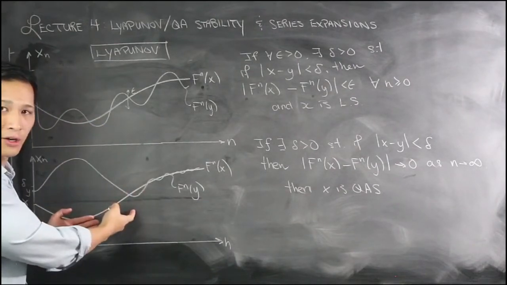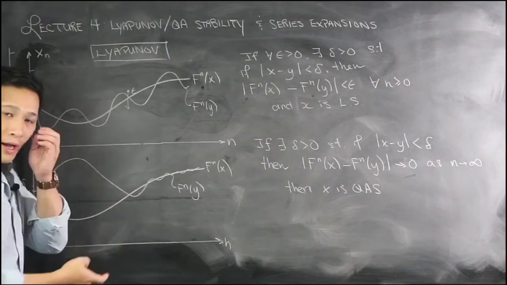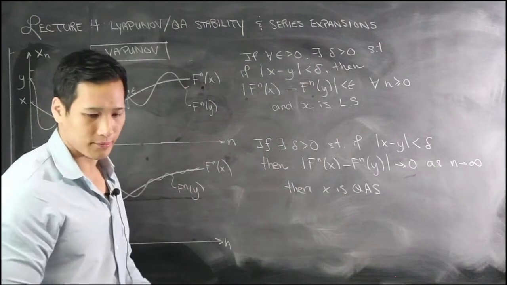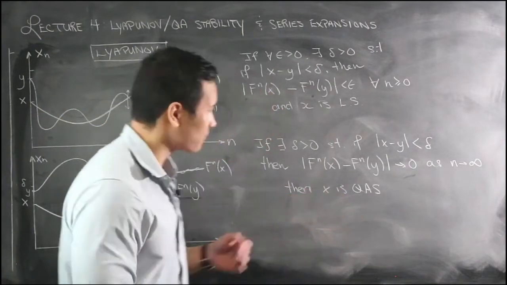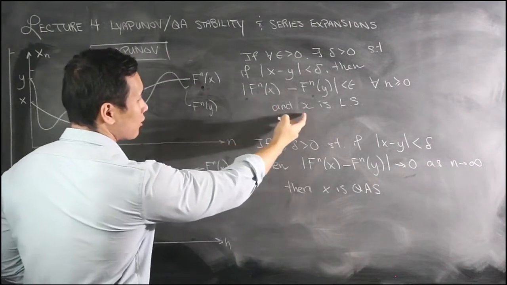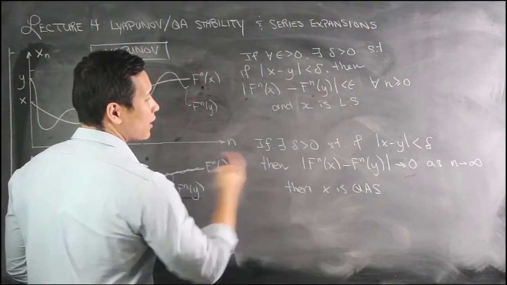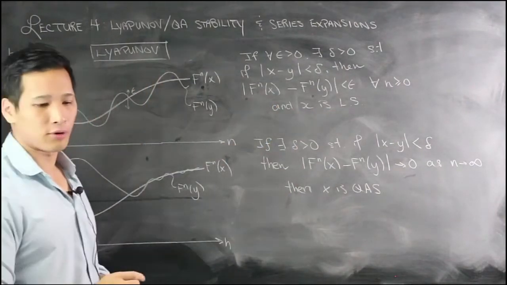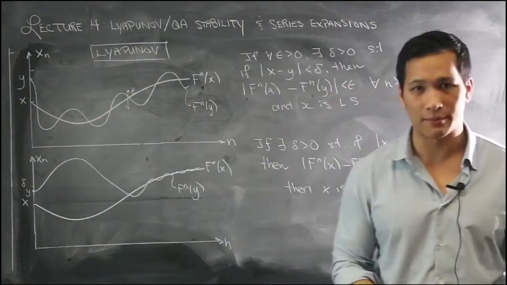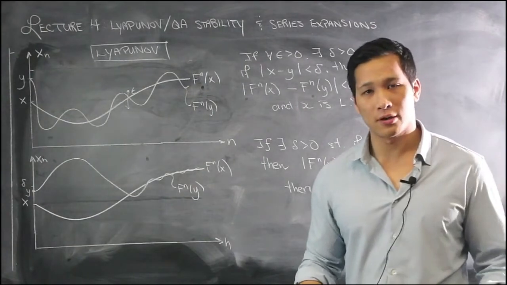In quasi-asymptotically stable, you don't have to stay near for all time, but you eventually have to tend towards. If you have a point x here which is both Lyapunov stable and quasi-asymptotically stable, then you would say that it's asymptotically stable. This is the strongest kind of stability for our purposes.